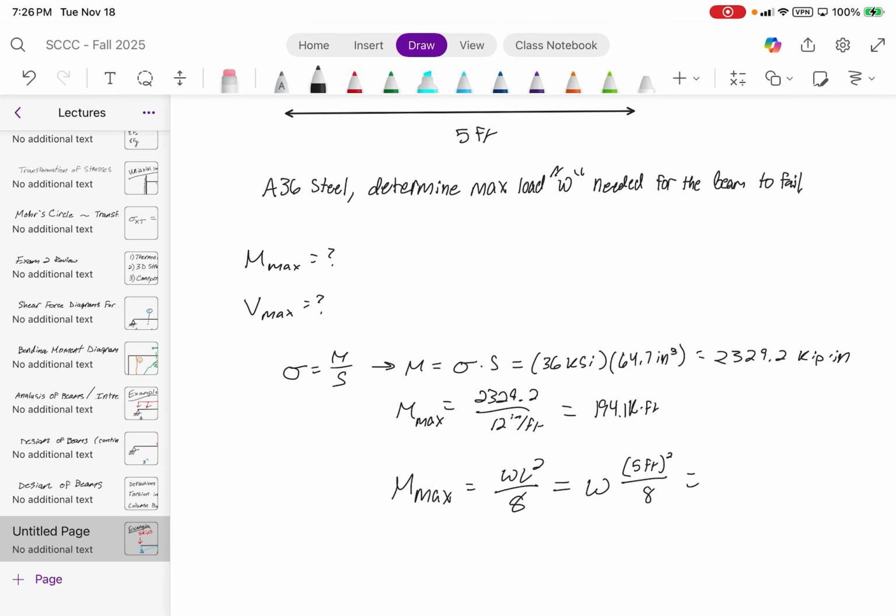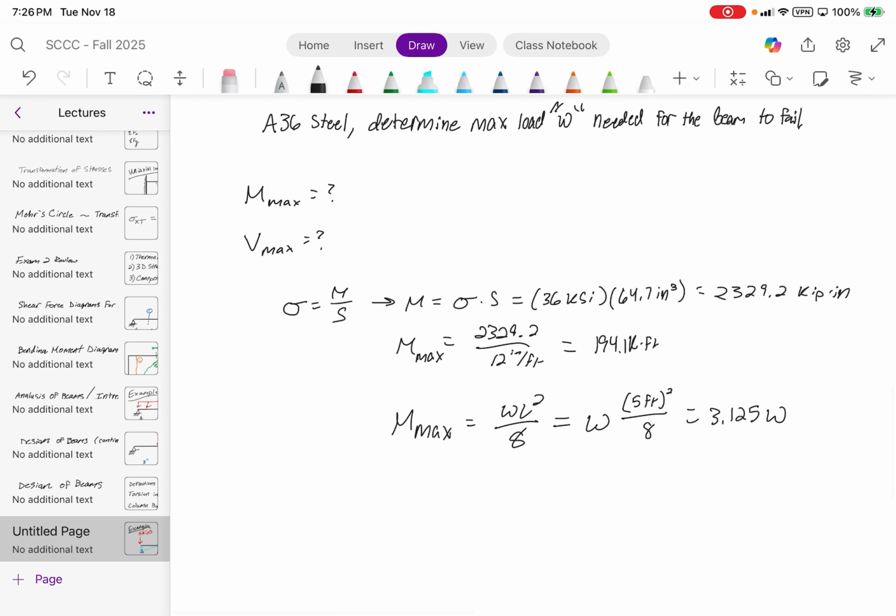Which, what does that give us? 5 squared divided by 8. That's 25 over 8. What is that? 3.125. 3.125 W.